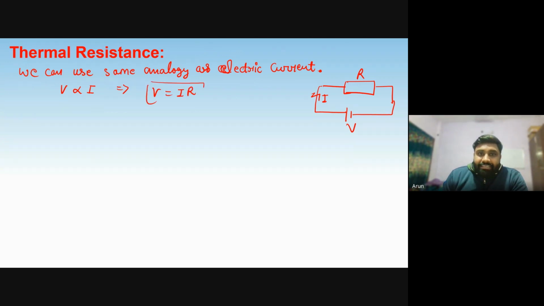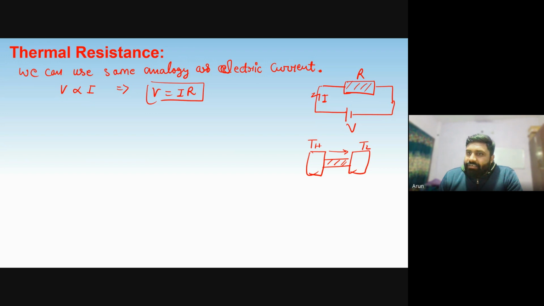So this R is the resistance of this system, which opposes the flow of current. Current always flows from higher potential to lower potential. In the same way, heat current also flows from higher temperature to lower temperature. Here the voltage difference is why the electric current flows, and due to the temperature difference the heat current flows.